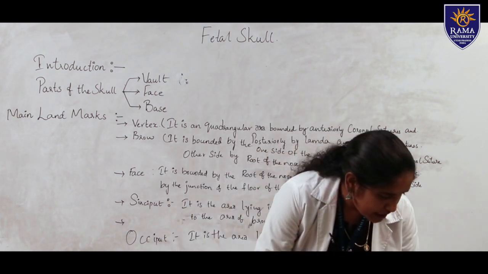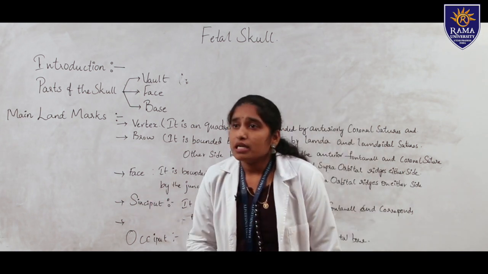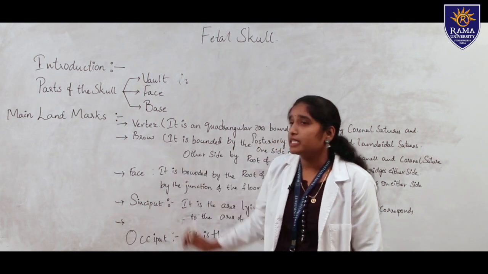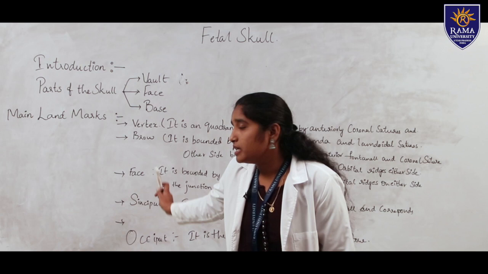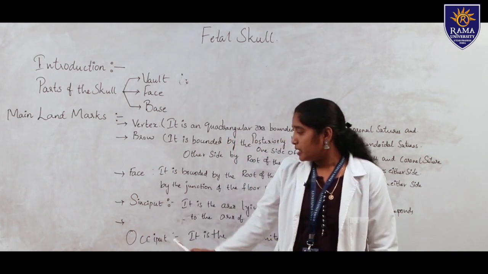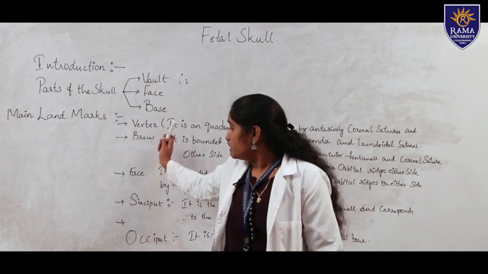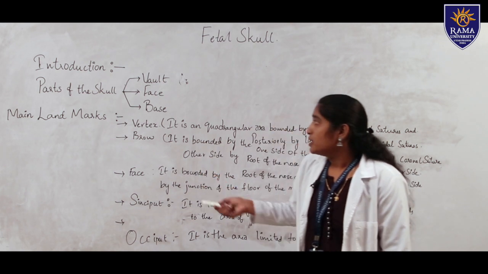Next, the main landmarks of the fetal skull. The first is the vertex, the second is the brow, the third is the face, the fourth is the sinciput and the last one is the occiput. Coming to the vertex, what is it?